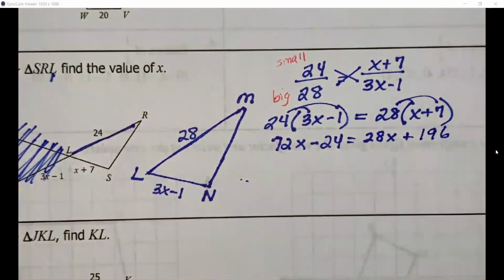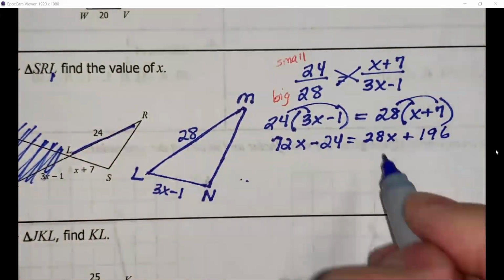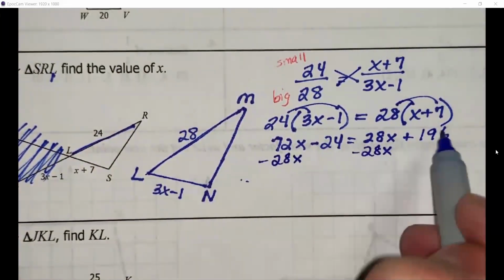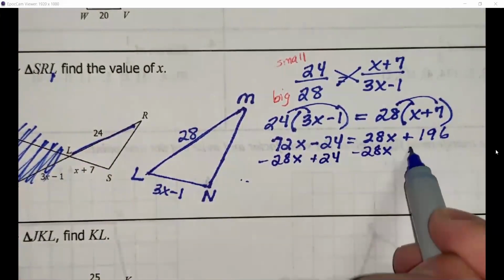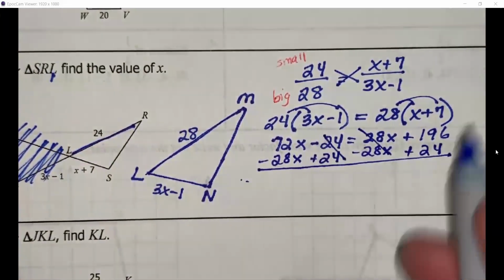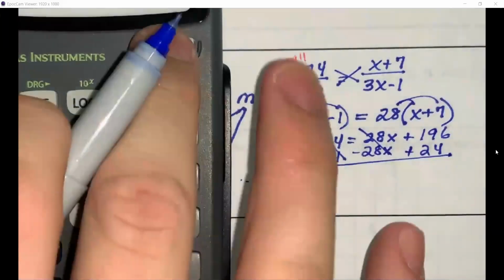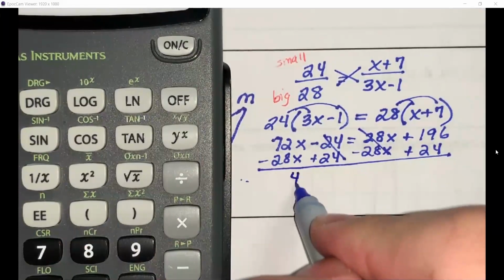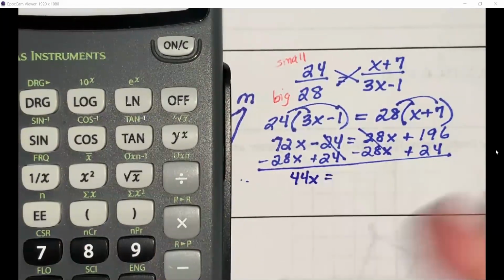Now I'm going to subtract 28x from both sides, and at the same time add 24 to both sides. Cancel, cancel. 72 minus 28, I don't feel like doing that in my head, so I'll just use my calculator and cheat. So this is 44x is equal to 196 minus 24, which gives me 172.